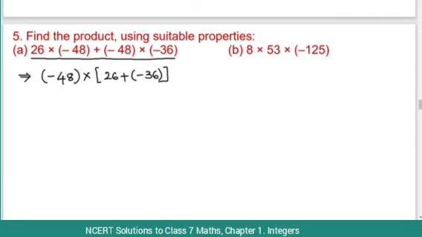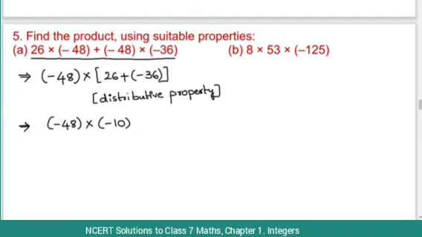So it is a distributive property. So we have used which property here? Distributive property. A into B plus C is equal to A into B plus A into C. It becomes minus 48 into minus 10, that is equal to 480.